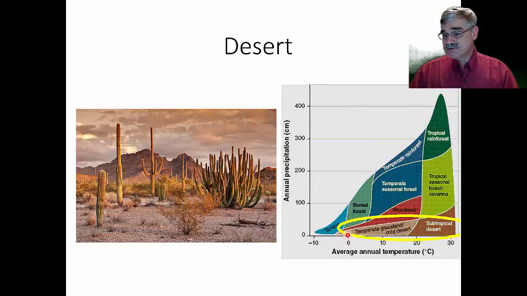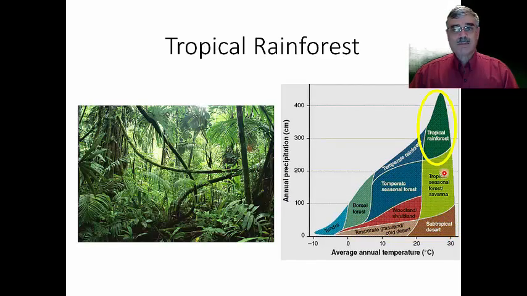As you can see, a desert can be either very low in its average annual temperature or very high. It really is determined by the low annual precipitation. And then we have tropical forest. A tropical forest can have a very high average temperature, and it differs from a desert by having a larger average annual precipitation. So whether or not the biome is a dry desert, whether it's hot or cold, or one of these lush rainforests, depends upon the combination of the average temperature and the rainfall.